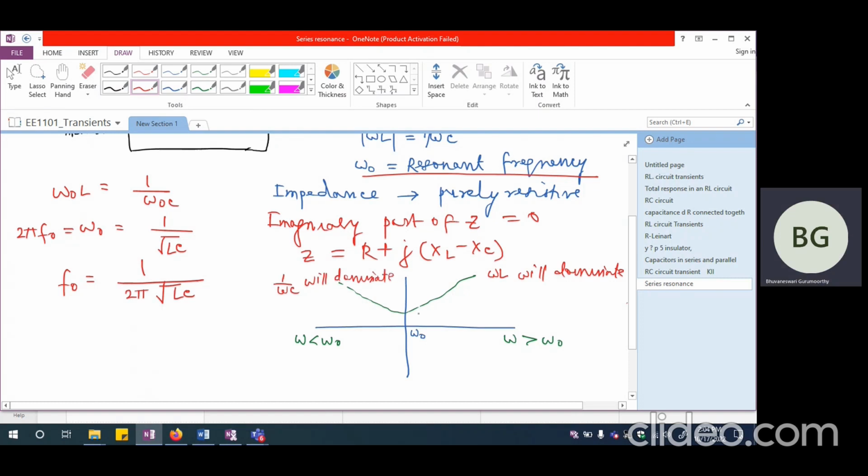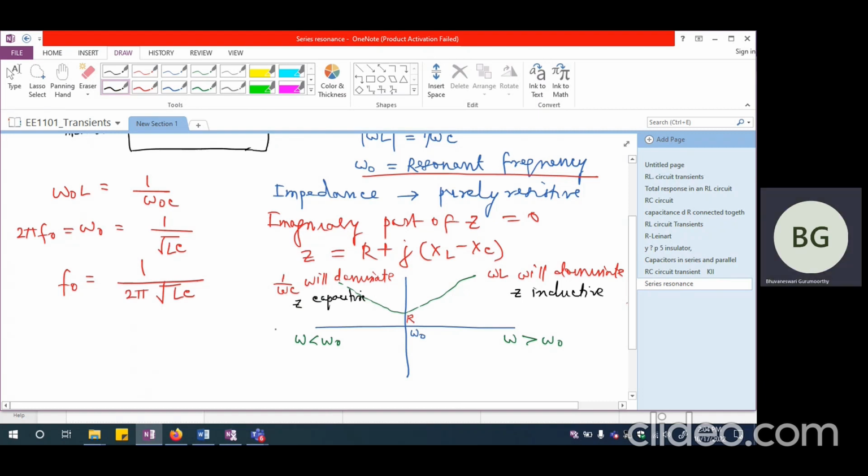So the Z value is only equal to R at omega naught, whereas here the net impedance Z will be capacitive, and here Z will be inductive.